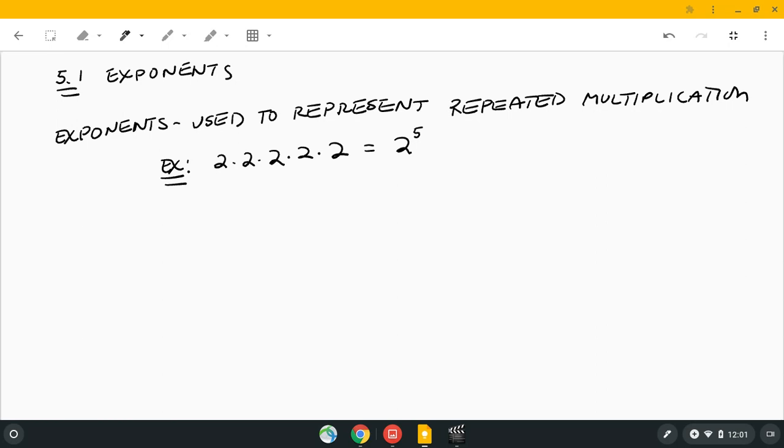Okay, and here this larger number is what we call the base, and this small number up here is the exponent.